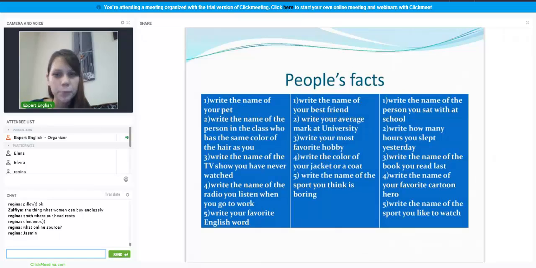Any ideas what this word means for Regina? I think it is the person you were sitting with at school? Is it the name of your best friend? Pet. Sophia is asking about the pet.